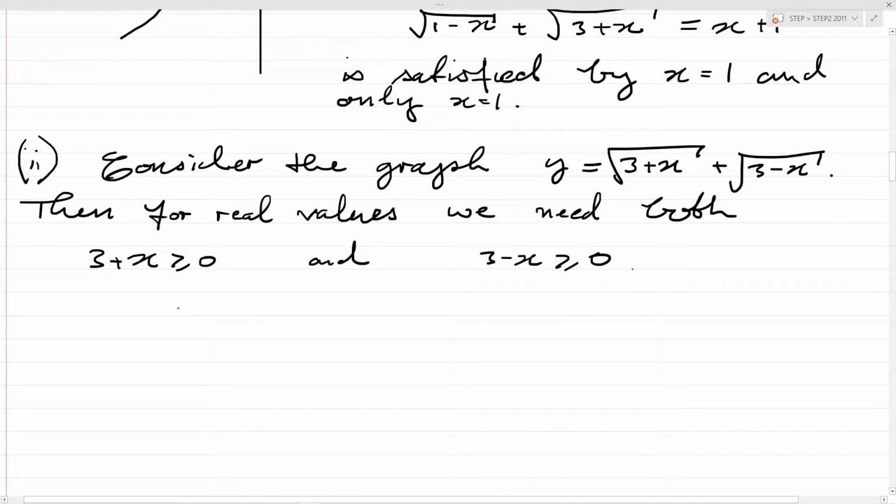Immediately you can see, therefore, that x lives between 3 and negative 3.